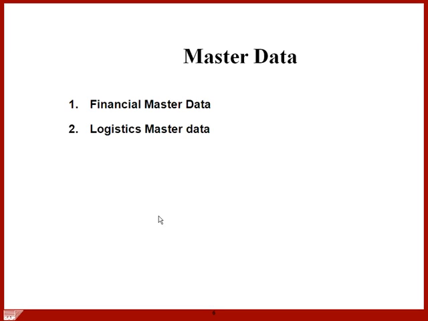Master data can be broadly divided into financial master data and logistics master data. Wherever possible, we will copy the financial master data from the existing system, the client from which we copy our company code, and so on, whereas logistics master data we will create on our own.